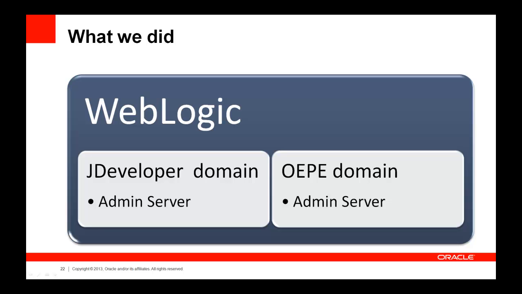We then started each of the servers to ensure that everything was running and configured correctly. Obviously, we could have created many more servers, or even clusters. With a standalone WebLogic Server instance, everything is possible. Since they each have their own domain, JDeveloper and OEPE will be able to use the WebLogic Server instance without interfering with each other.